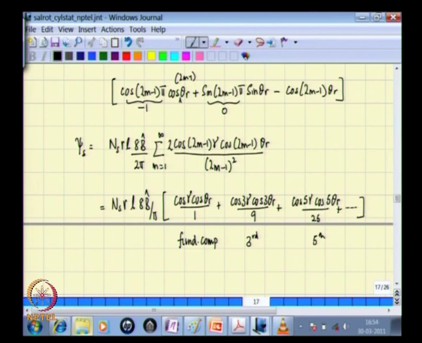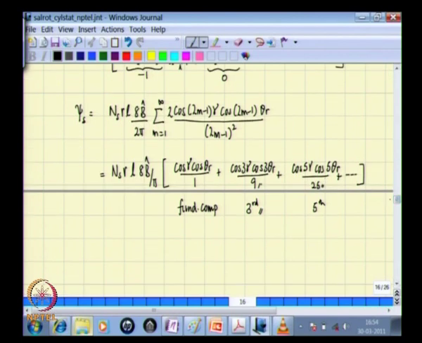We also notice that the third harmonic is attenuated as 1 over n square, that is the third harmonic is 1 over 9. Fifth harmonic goes down as 1 over 25. Since the nth harmonic goes down as 1 over n square, this expression is normally approximated using the fundamental component alone.